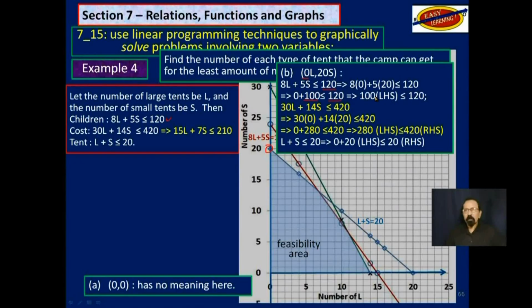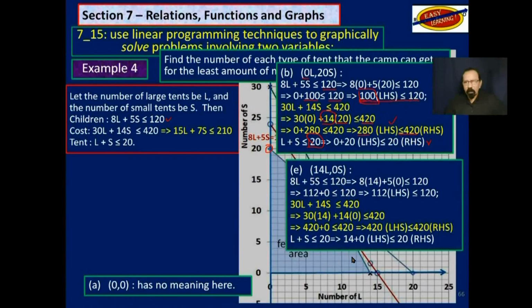In terms of the money, we are within our limits, 14 times 20, which is 280, which is less than 420. So we are within our budget limit. And in terms of number of tents, we have 20 small tents. So the budget here will work, number of tents will work, but the number of people to accommodate will not work. 20 small tents will only take 100 campers. We need space for at least 120. So that will not work.